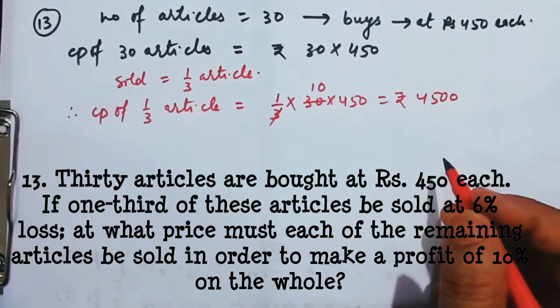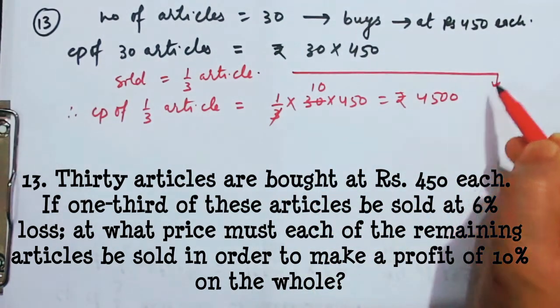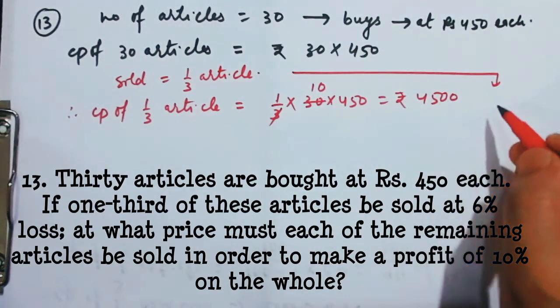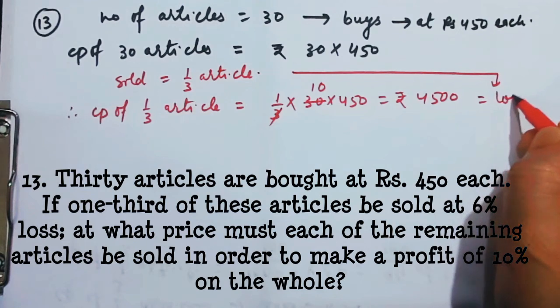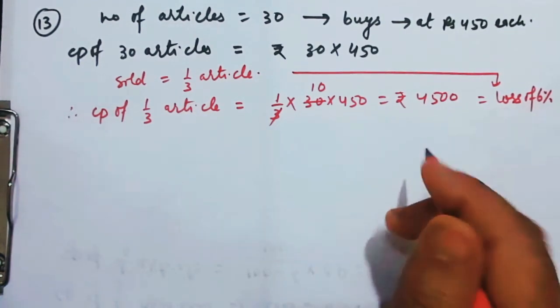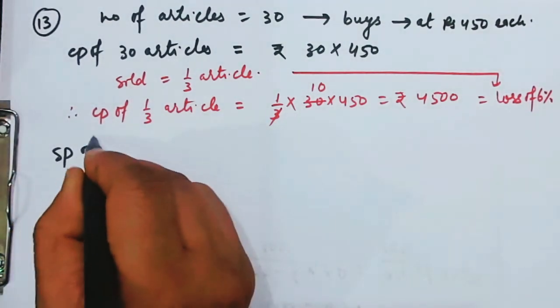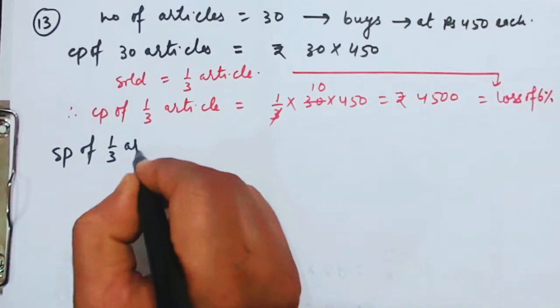Now they are saying that the 1/3 article is sold at a loss of 6%. So when loss of 6% is there, what will be the selling price of 1/3 article?